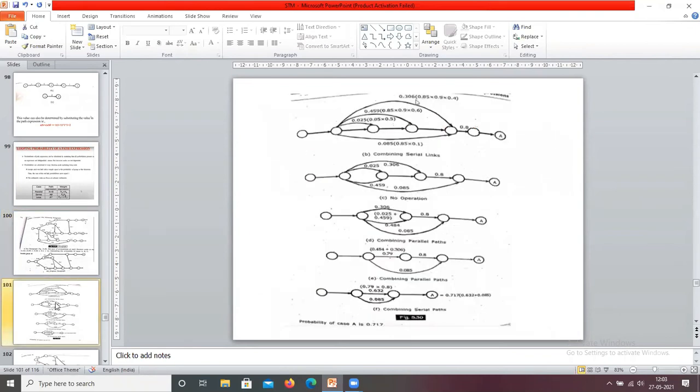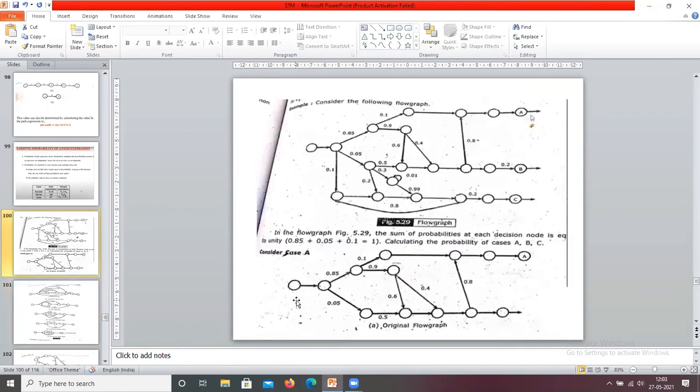So these are the flow graphs. Okay. If you select this, so combining all serial links. Now in this diagram we are going to identify the serial graphs. If you observe, this is the serial graph, 0.85, 0.1.